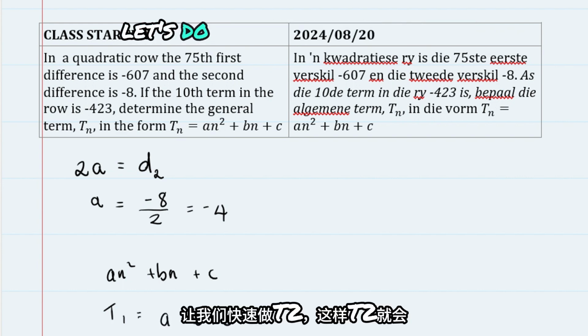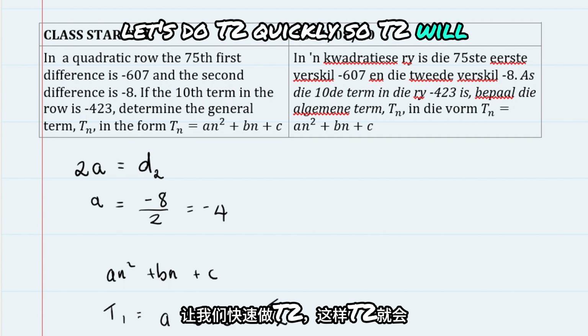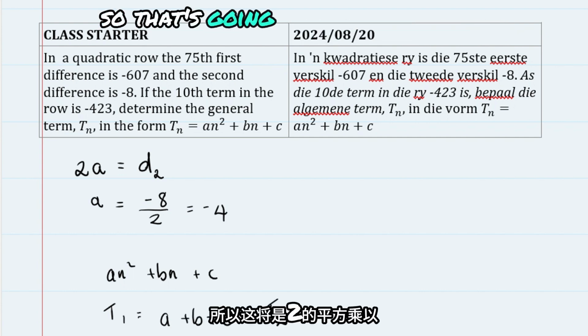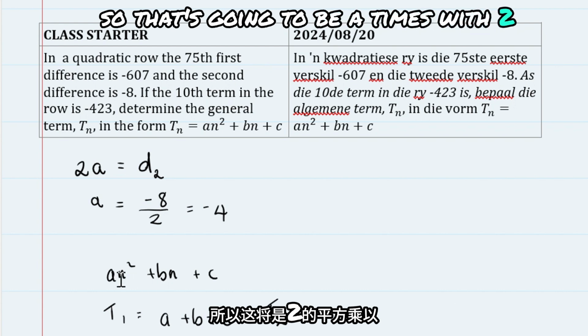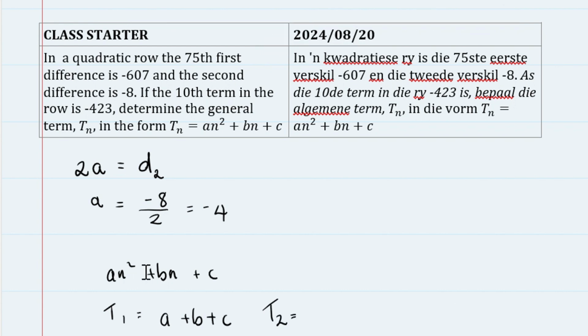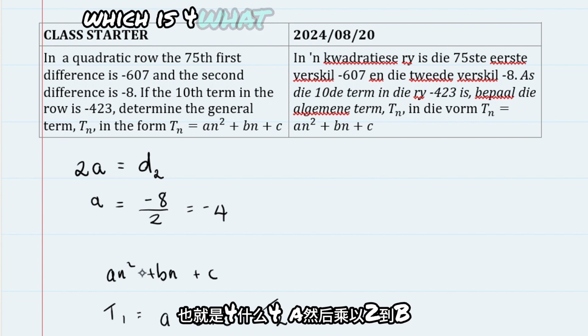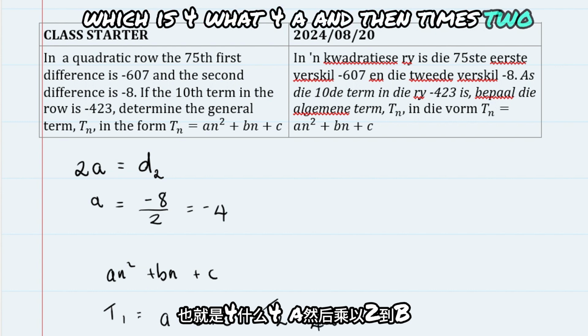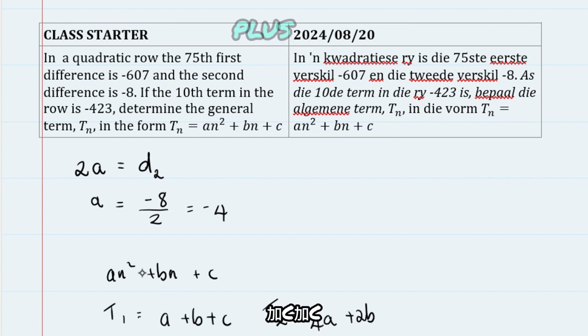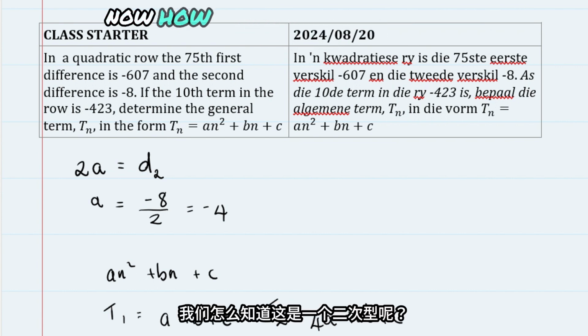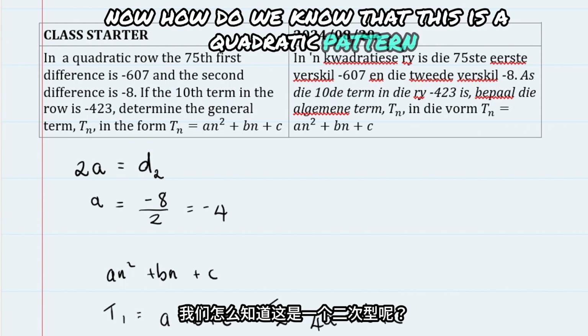Let's do T2 quickly. T2 will be A times 2 squared, which is 4A, plus 2B plus C. Now, how do we know that this is a quadratic pattern?